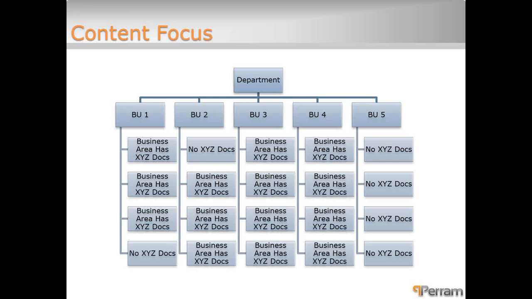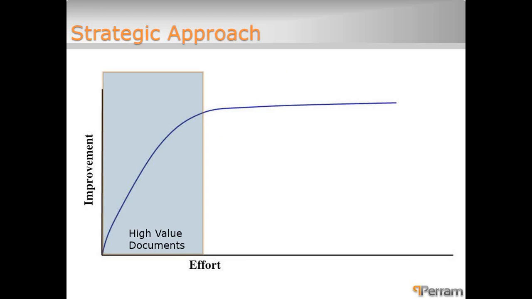So understanding what the motivation is helps us put a plan together in terms of how the migration activity impacts the organization, who we're going to need involved, and how deep we're going to be getting into content within these different business areas.